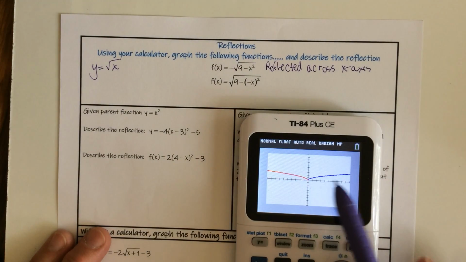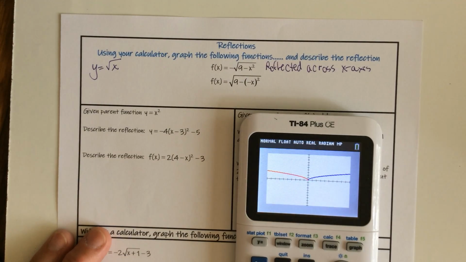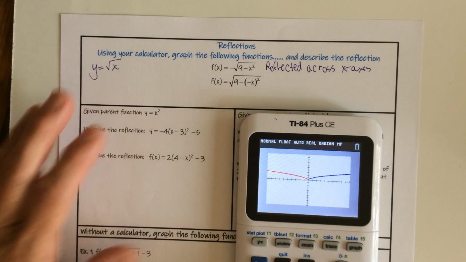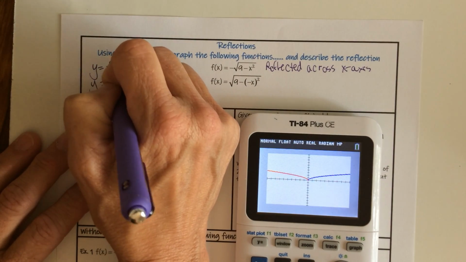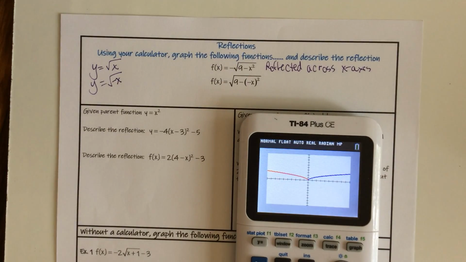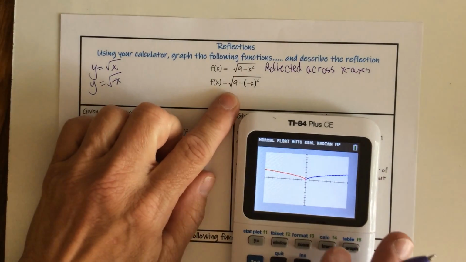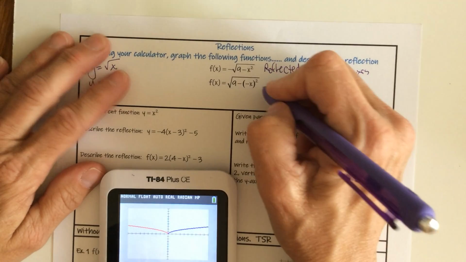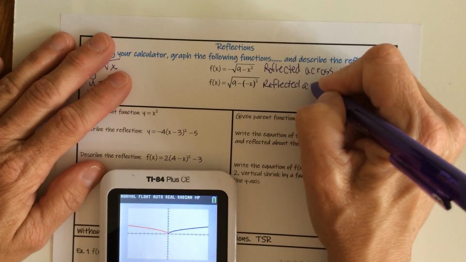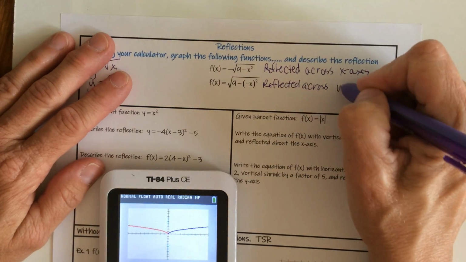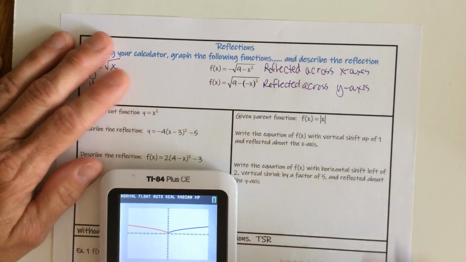Notice that the blue graph has been reflected across the y-axis. So whenever you have the x that is negative, the graph will be reflected across the y-axis. So this is a reflection across the y-axis.